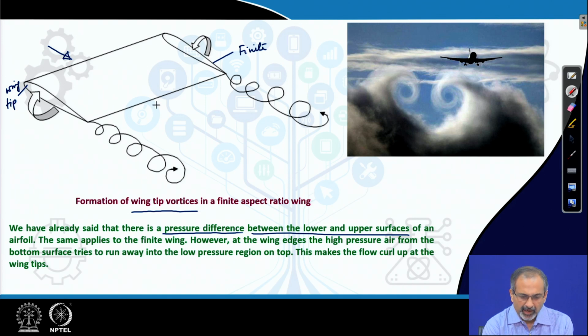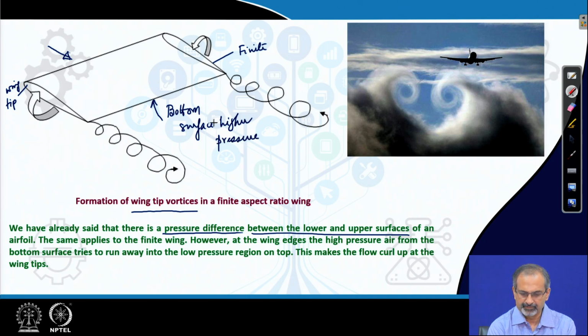So, if there is higher pressure below the bottom surface compared to the top surface which has lower pressure, it is good for the wing because that would lead to lift generation.